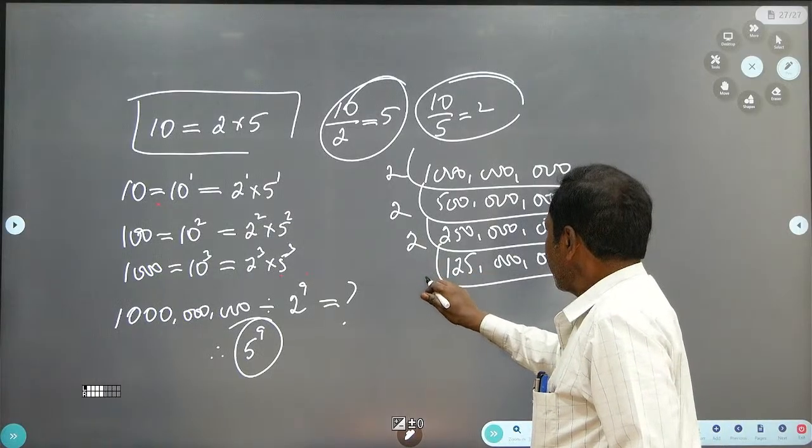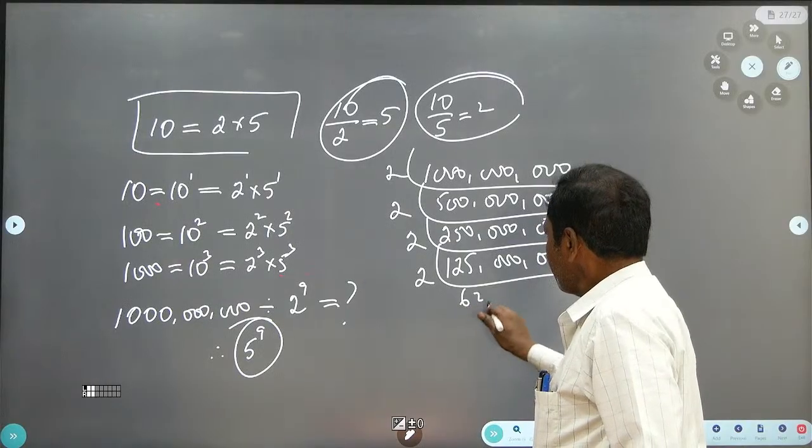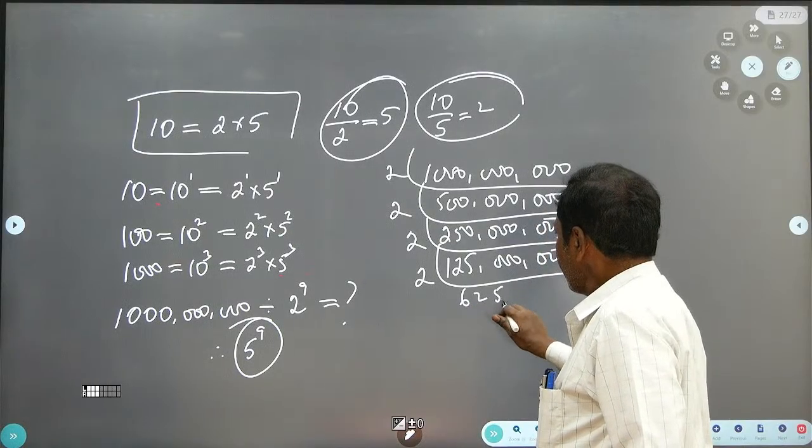Again you will start, again it is an even number only. 2 6s are, 2 2s are, 2 5s are.